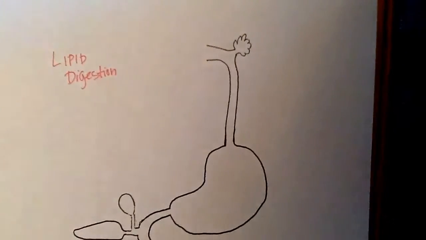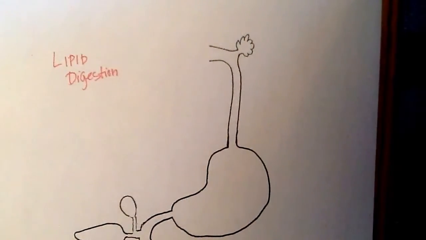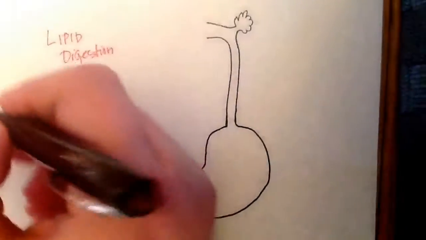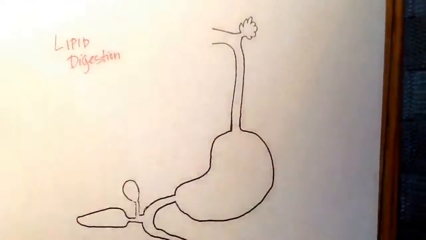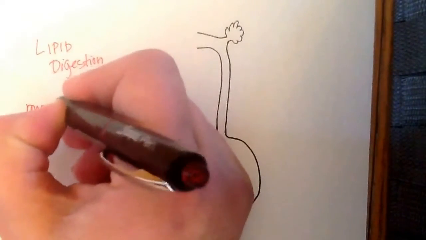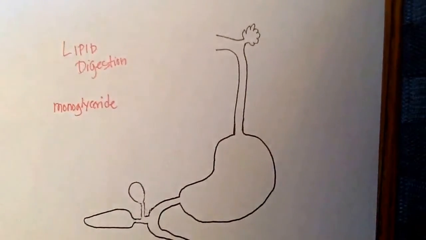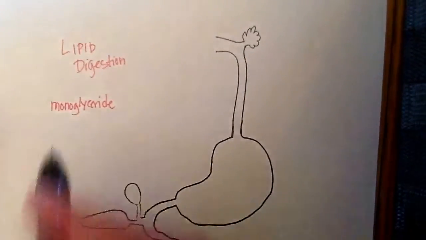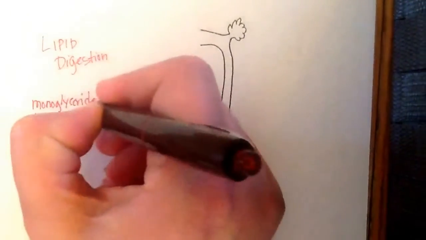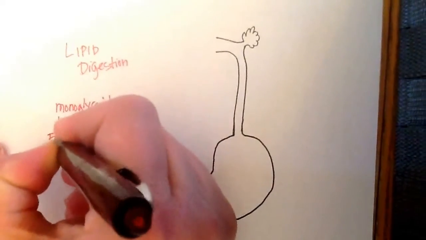When we look at a lipid, it is made up of a single monoglyceride, and attached to the monoglyceride are 3 fatty acids.